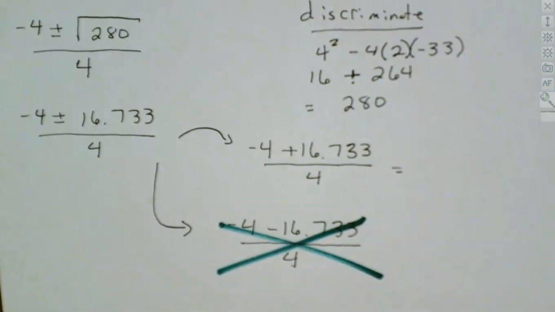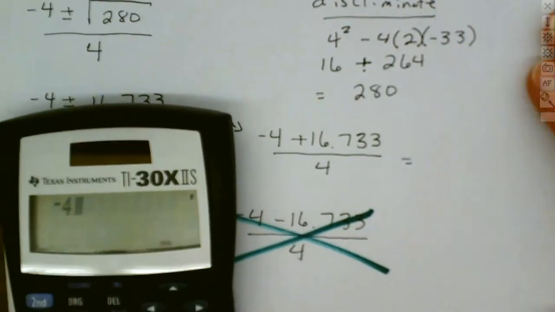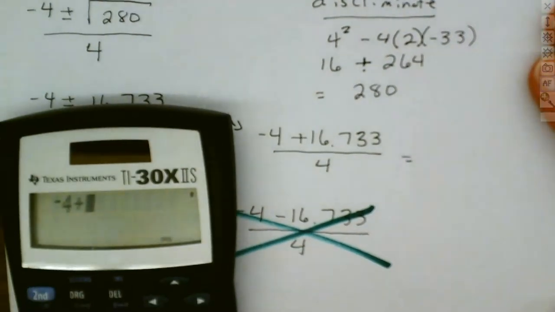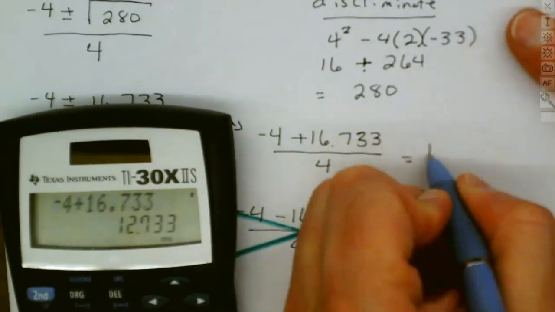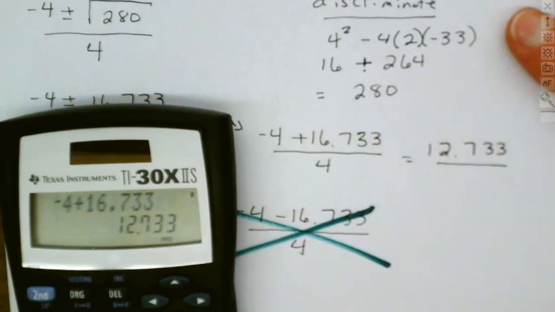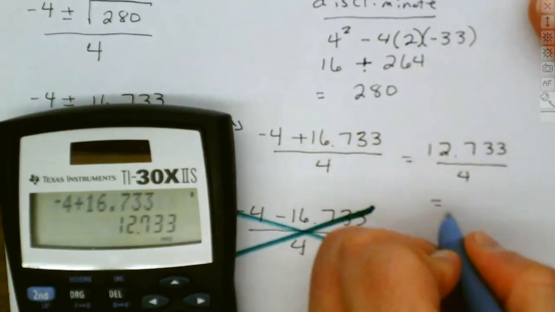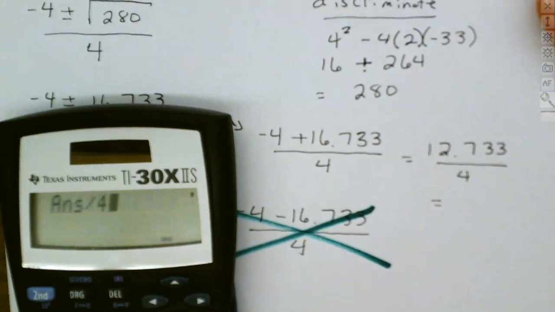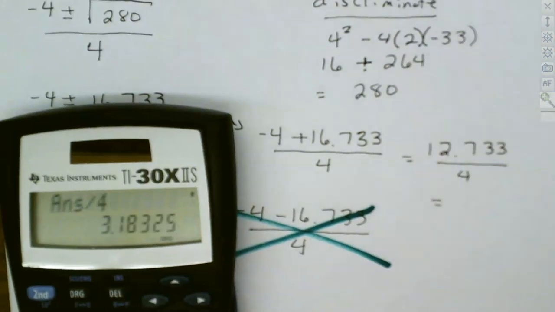So we've got minus 4, I'll put it up here so we can see it, plus 16.733. And that gives me 12.733 over 4. And then we'll divide that by our 4. How far do we need to round here? What does it say? It says round to the nearest 10th.